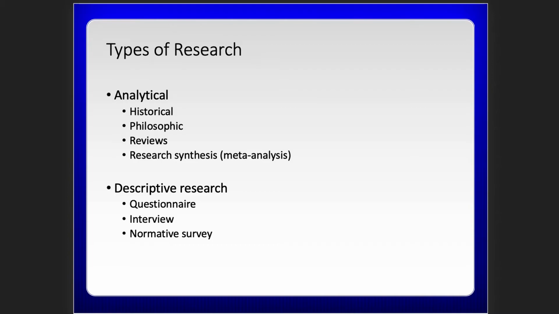Now, a meta-analysis is a little bit different than a regular literature review and also a regular research study, in that a meta-analysis actually takes similar data from multiple different studies and combines them into one great big study and tries to get one great big conclusion about what is happening.